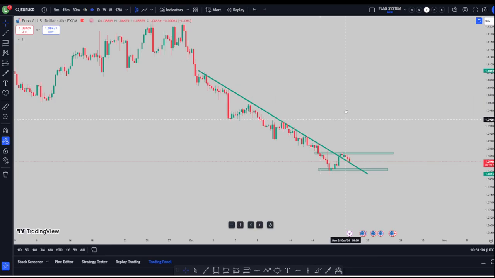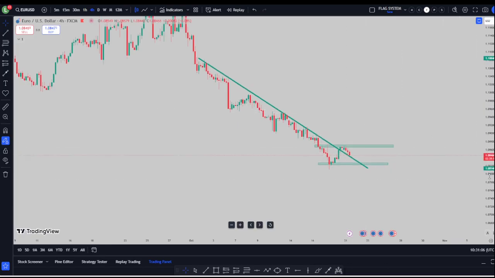We use the body. Some traders will say establish your trend line using the wicks of the candlestick. Nothing is wrong with that. In as much as it is working for you, you can use the wicks of the candlestick to establish your trend line.